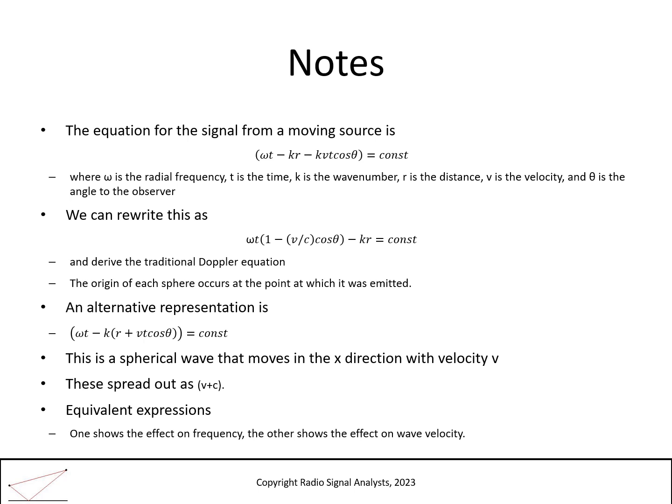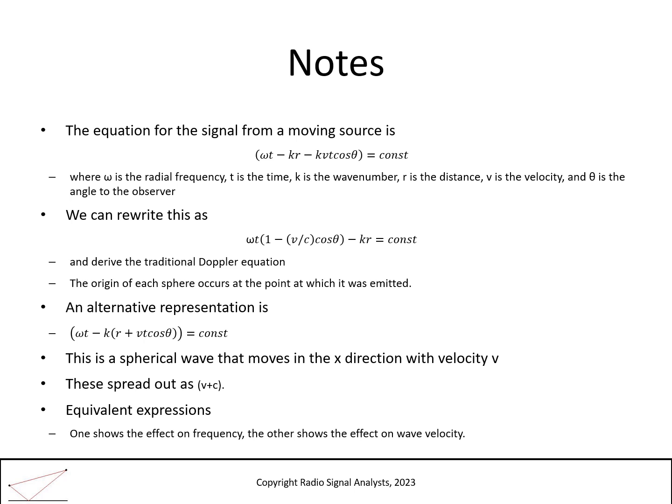Let's derive the Doppler equation for a moving source with respect to a stationary observer. The equation for the signal from a moving source is omega t minus kr minus kvt cosine theta, where just like before, omega is the radial frequency, t is the time, k is the wave number, and r is the distance from the source.